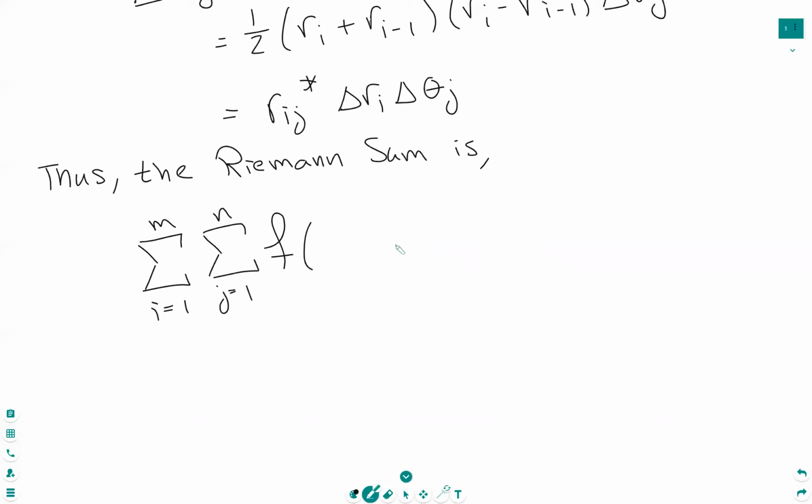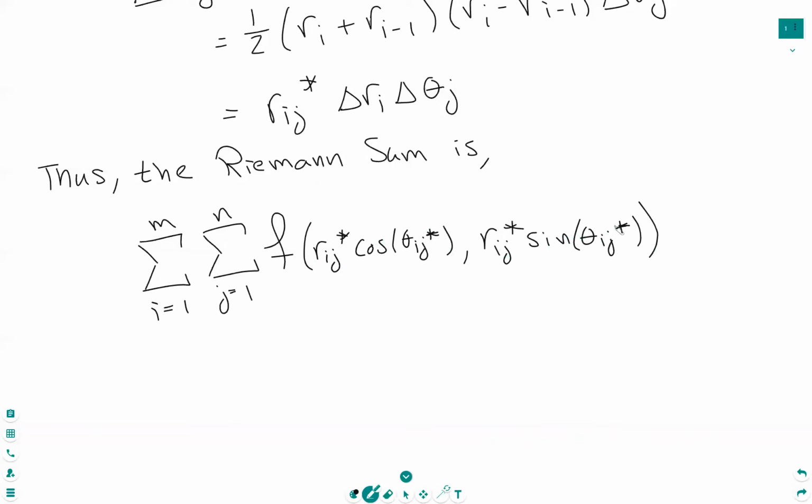But what we can do is convert each one of those to its polar coordinate form. So we can say Rij star times cosine of theta ij star, comma, so this is our x component. And then here we have Rij star sine of theta ij star. So that ends our f of x and y.